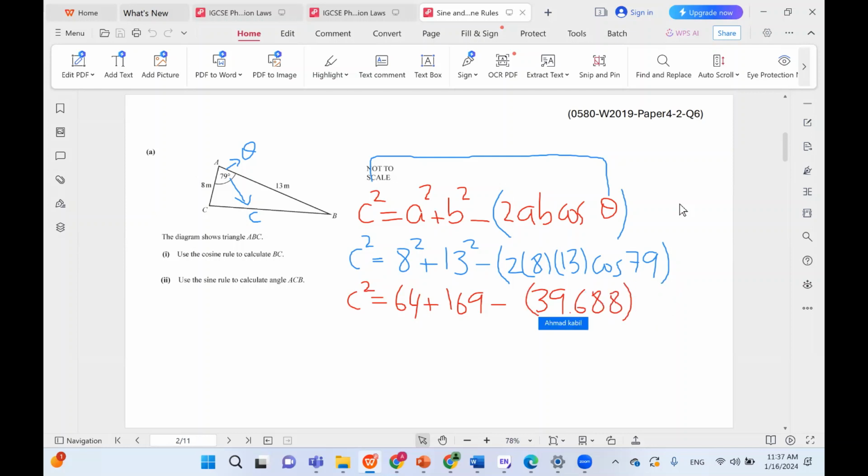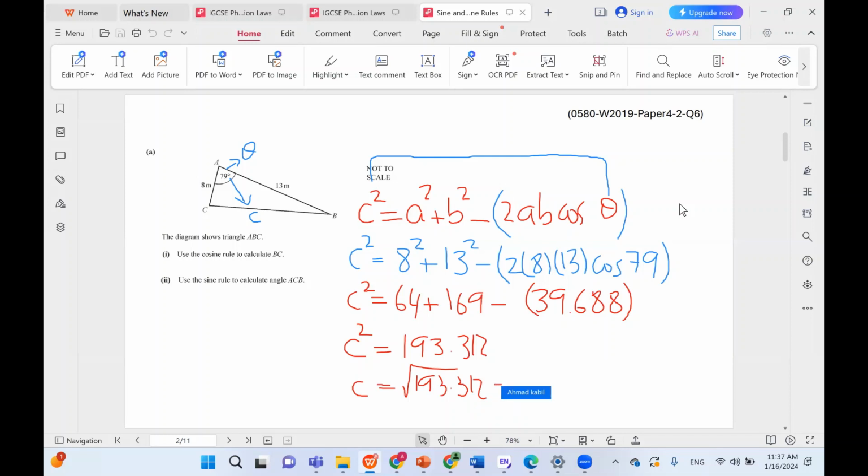And then we figure out the addition of these three terms. So on the calculator as well, I'm just going to write 64 plus 169 minus 39.688. And I got 193.312. And this is the answer to c squared. So I just need to get the square root of this number. 193.312 under the root.